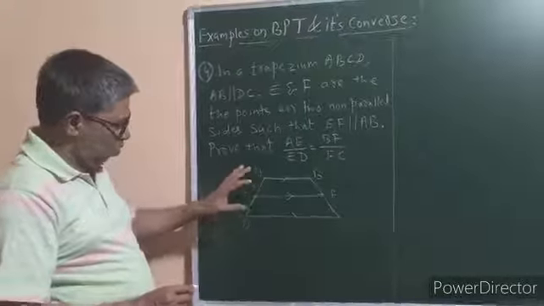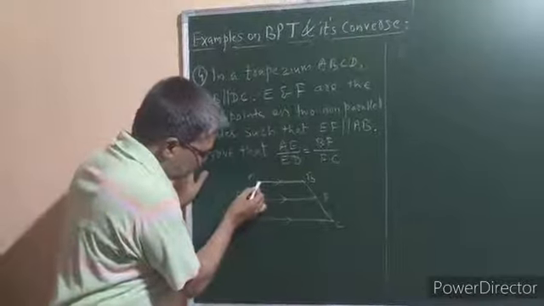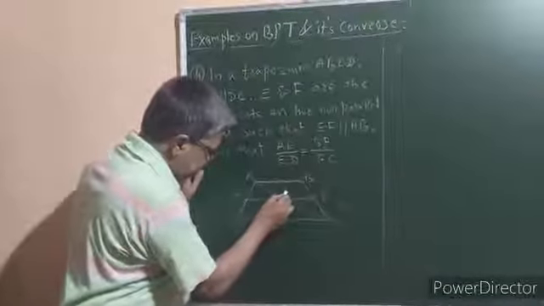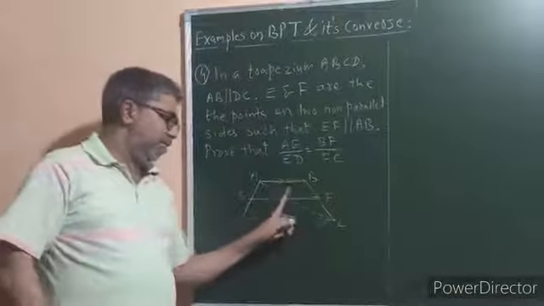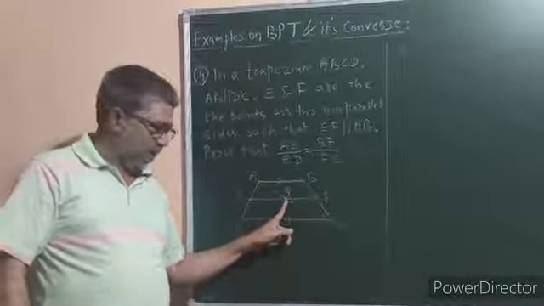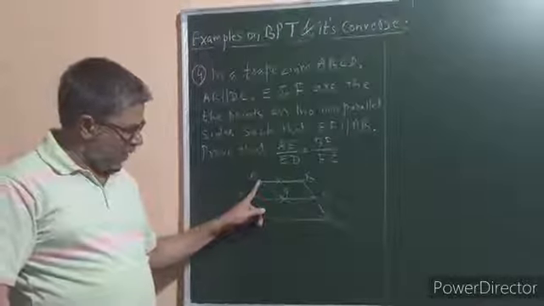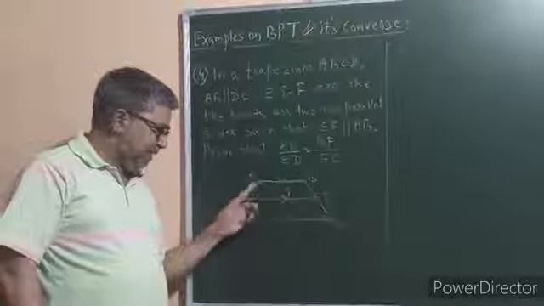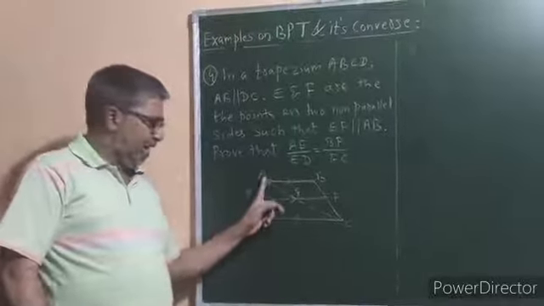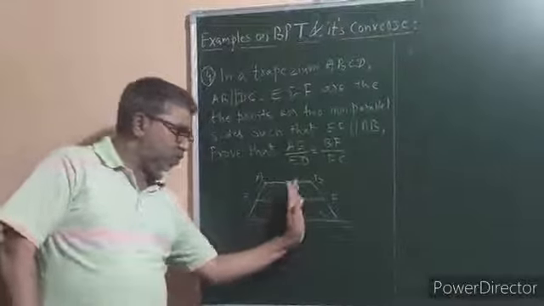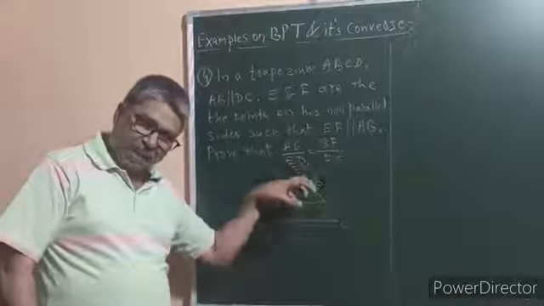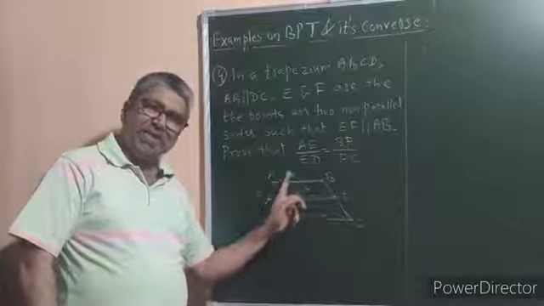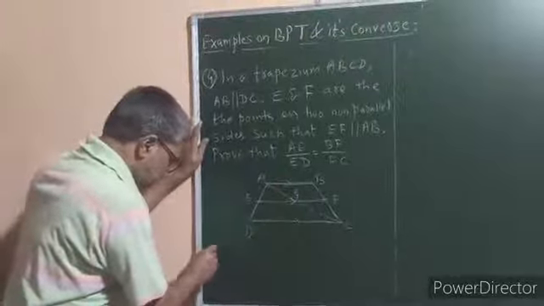Okay, now to solve this example, let us join AC, and this AC meets EF at point G. So by joining AC we are getting two triangles, ADC towards the left side and one more triangle ABC towards the right side. So let us apply Thales theorem to both these triangles. Let us solve this.